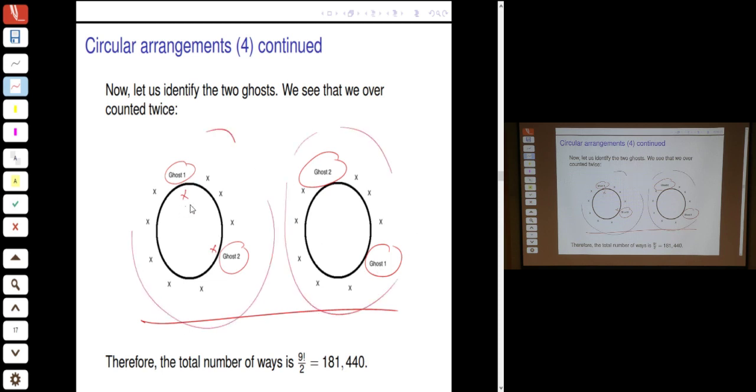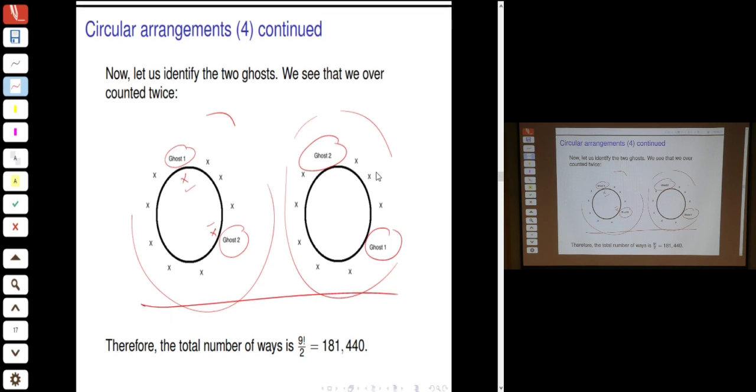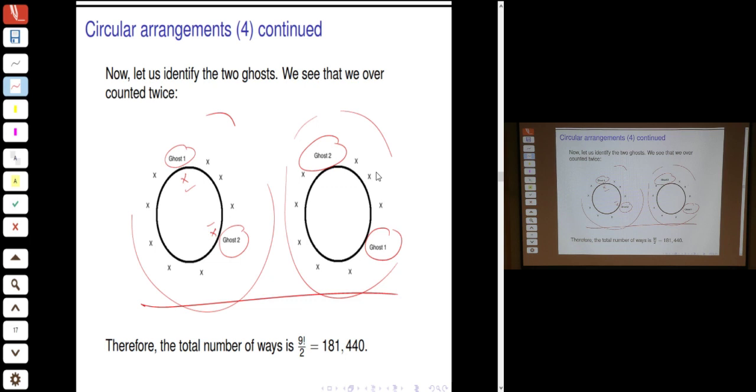However, in reality, they are not different, because a vacant here and a vacant there just represents 1 arrangement of the guests. So every arrangement of 8 guests and 2 vacant chairs gives rise to 2 different arrangements if they were distinct guests.